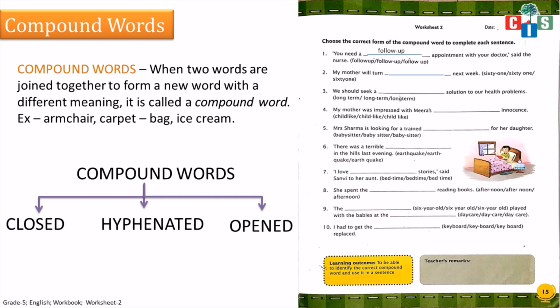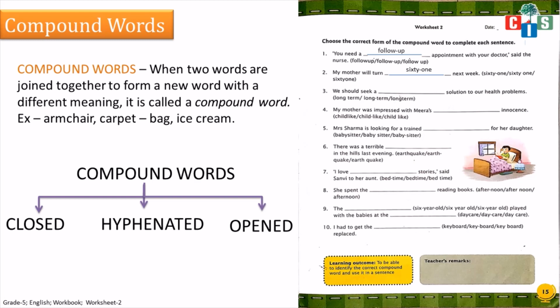So which word will come here, that you have to see. Here it will be follow-up. Follow-up is one word that is made by joining two words, follow and up.